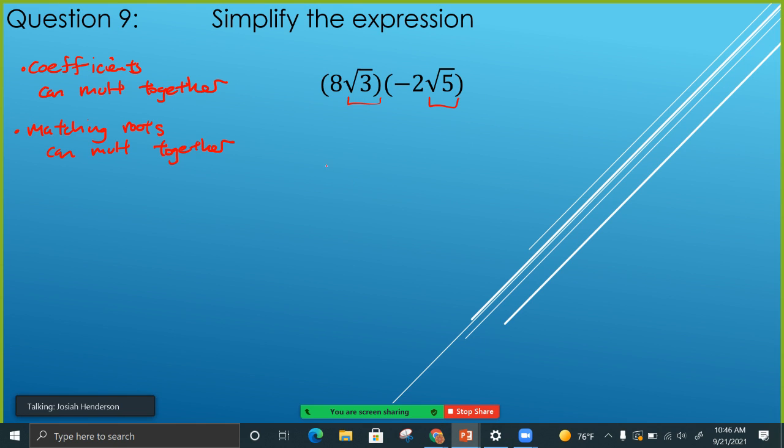So what I want you to do: multiply the 2 outside numbers, the coefficients. Multiply the 2 inside numbers. And what do we get? Take a stab at this and let me know if you have something you'd like to share, any idea on simplifying or an answer if you've solved the whole thing.